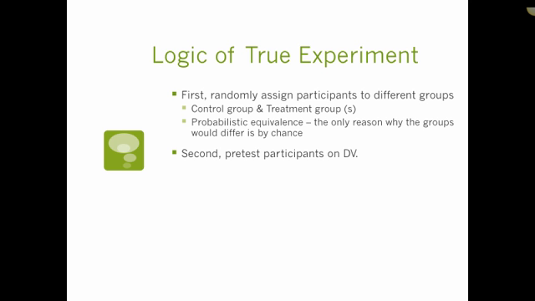So in the persistence example, that's not as important because everybody's starting out in the same place on their dependent variable, right? So everybody's starting out being enrolled at ASU or being enrolled in college. So you could pretest everybody and be like, hey, are you enrolled? And hopefully everybody in your study would say yes, because everybody should be starting out at the same point. But it could be different in certain cases.